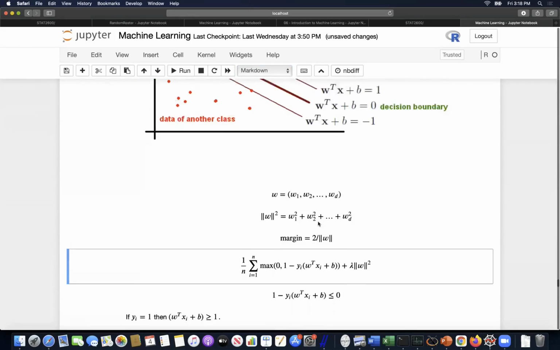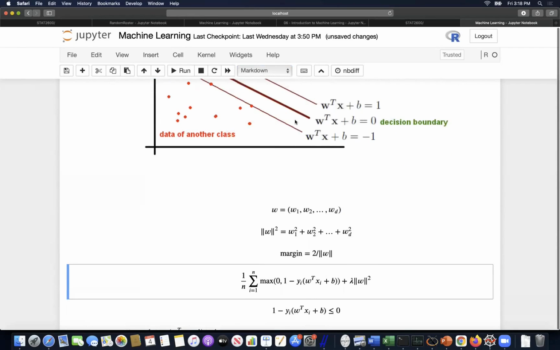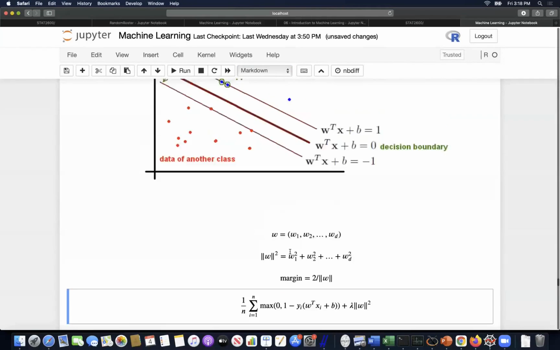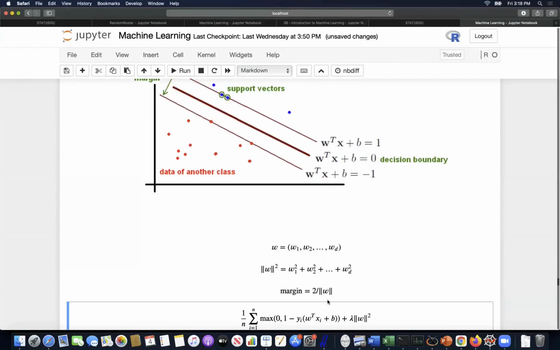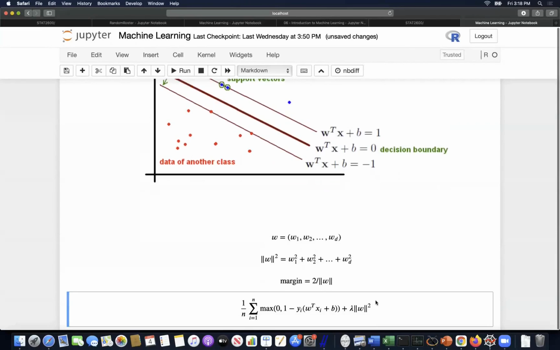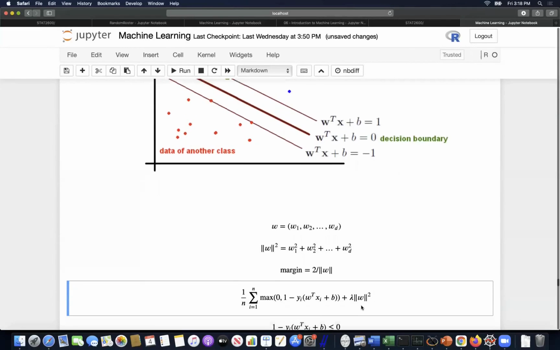And then the norm of W gives you the distance between these two. Actually, the entire thing is the distance between these two lines. 2 over the norm of W. You want to maximize the margin, which is equivalent to minimizing this norm. It is equivalent to minimizing the norm squared. So that's what we want to do.